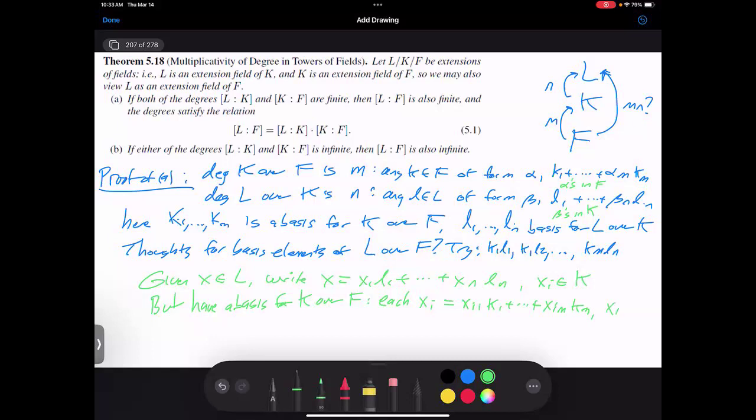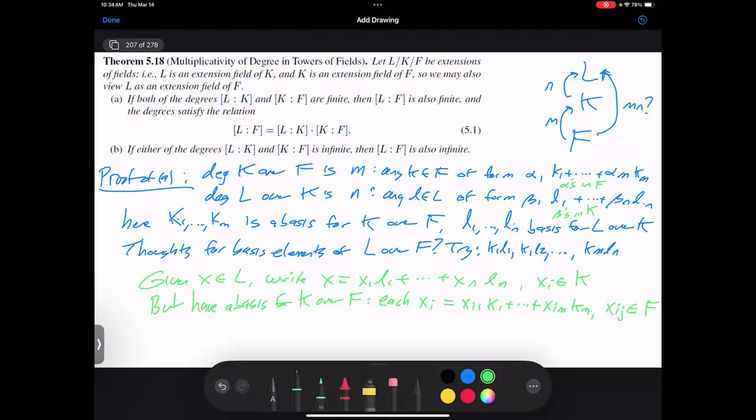Where do all the Xij live? Those should be in F, because we have a basis for K over F. That means you give me anything in K, I can write it as a combination of my basis elements where my coefficients are in F.